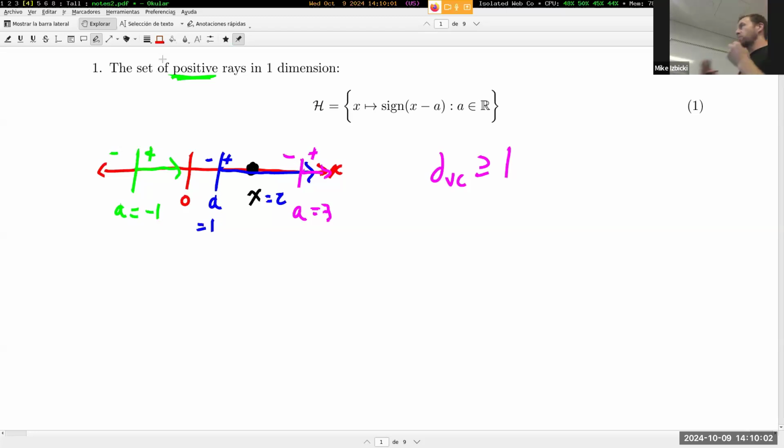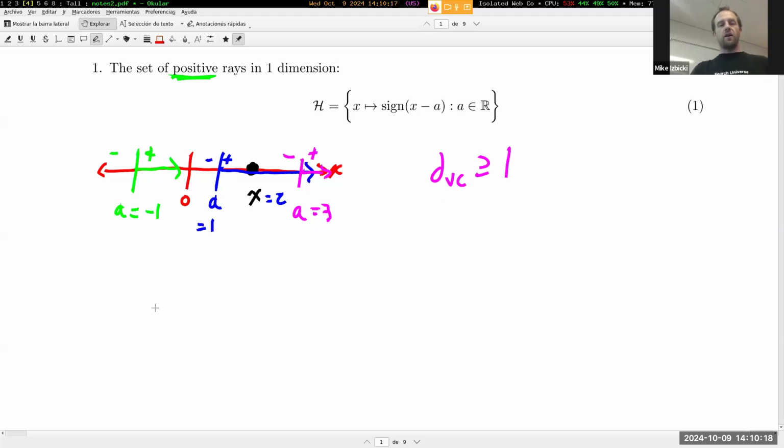So again, anytime you're calculating the VC dimension of something, you have to provide an upper bound and a lower bound. So here we're providing the lower bound, that the VC dimension is at least 1.